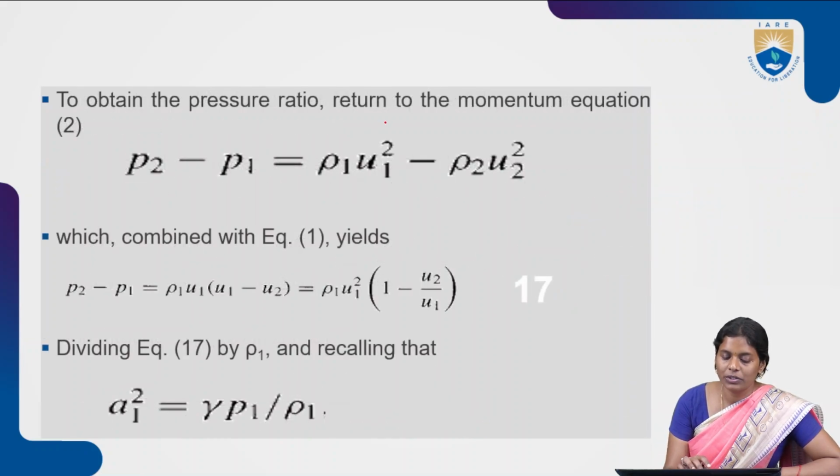So now to obtain the pressure ratio, we will be returning to the momentum equation, so that we know that P1 plus rho 1 u1 square equal to P2 plus rho 2 u2 square.